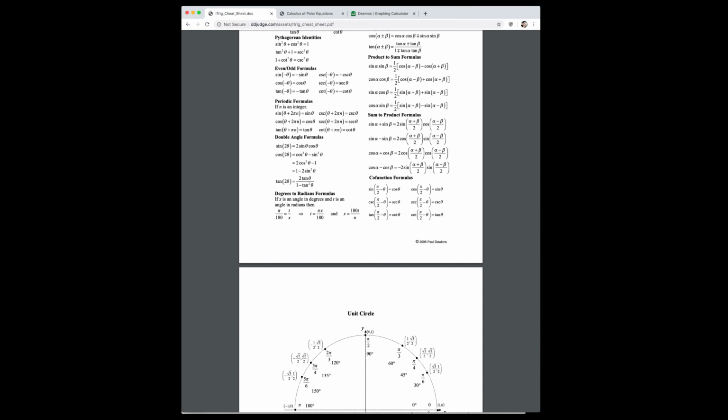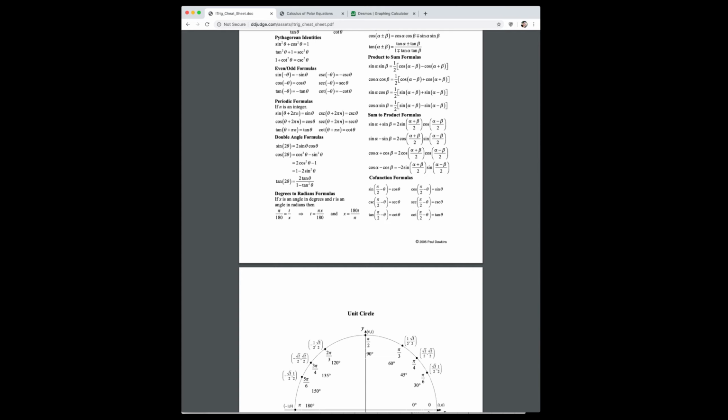If you go take a look here, right in the middle, I want you guys to know I can replace this bottom. If you remember that cosine 2 theta is cosine squared minus sine squared.